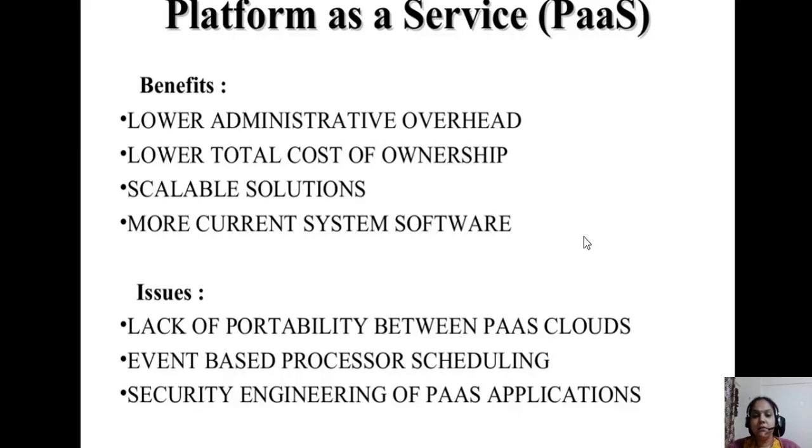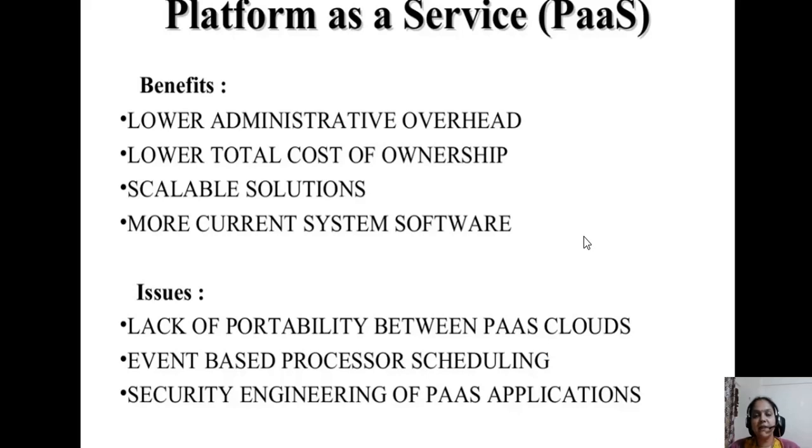Then here you have to work as per the processor scheduling. PaaS depends on processor scheduling, because it is a platform, right? So whatever you're trying to make, you need to understand the concept of your processor also, right? You need to understand the concept of your CPU, what type of scheduling it uses. As you know, CPUs have different types of scheduling.